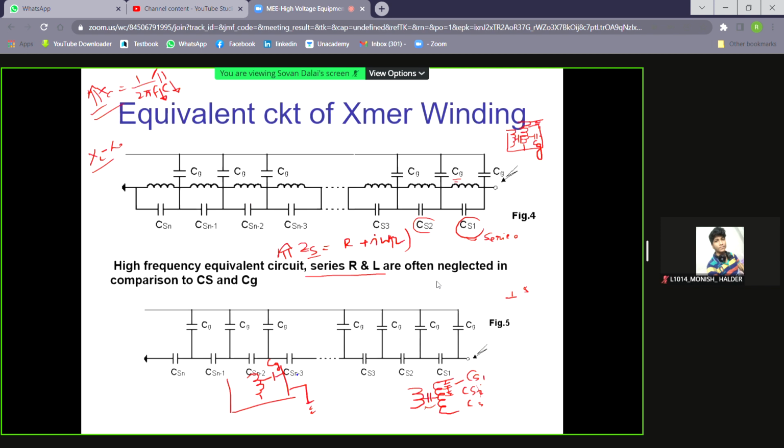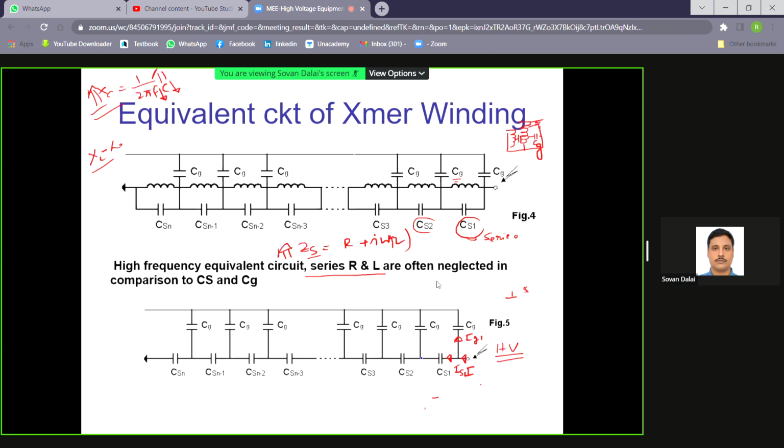Now we have to know, if I apply voltage at the top of the first disc, say suppose we are applying the high voltage here, what is the sharing of this high voltage between the different discs? Suppose a series current I flows through this. This current I will be divided into two parts: one is IG1, another is IS1.